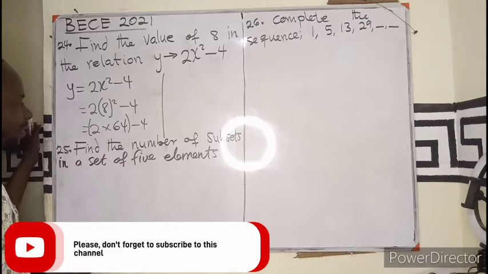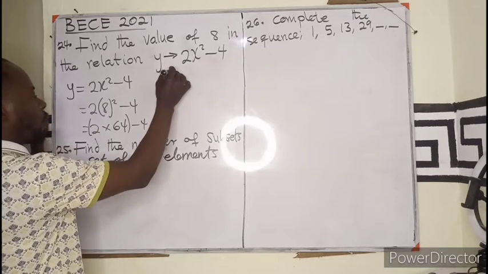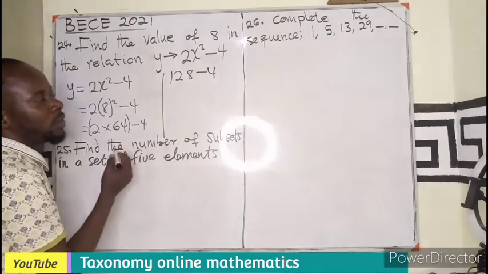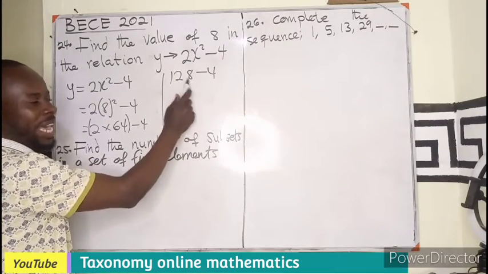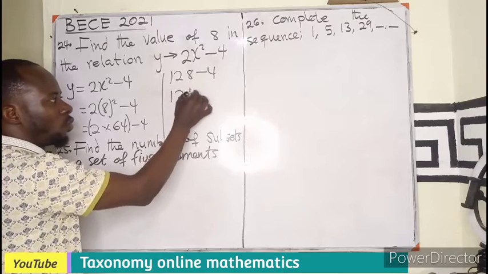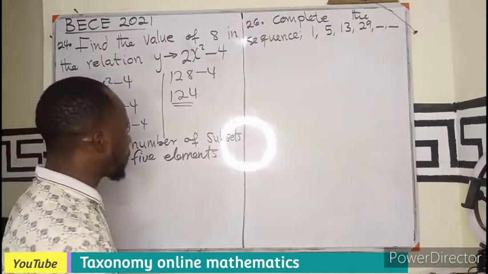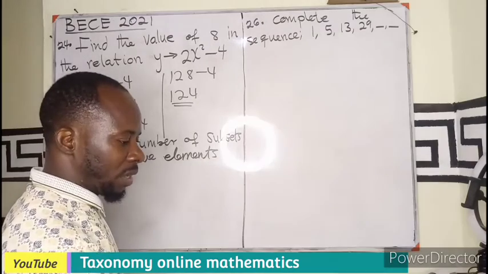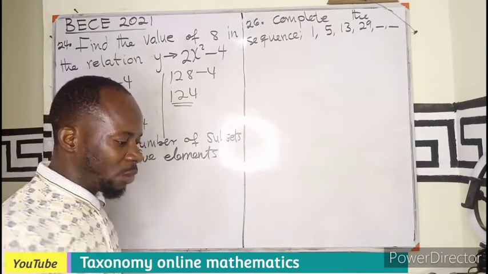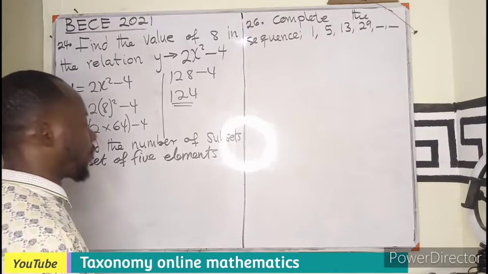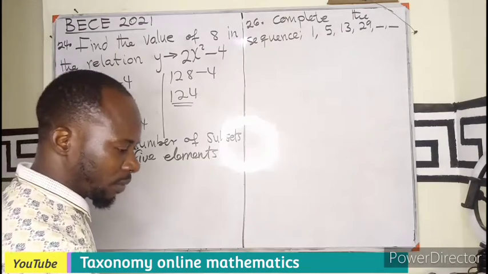If you multiply this, we are going to have 128 minus 4, and you'll be left with 124. So your answer will just be 124. And if we look on the question paper, that will be option C. Option C for question number 24.